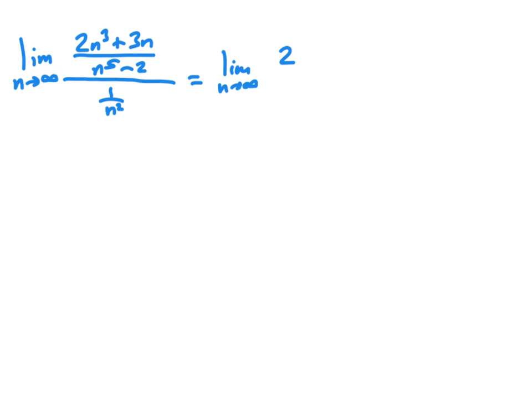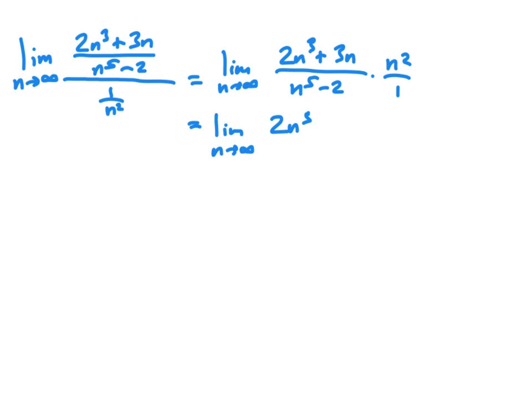This is going to be 2n cubed plus 3n over n to the fifth minus 2, and we're going to end up multiplying that by n squared over 1. So we can distribute the n squared in the numerator, and we're going to get 2n to the fifth plus 3n cubed all over n to the fifth minus 2.